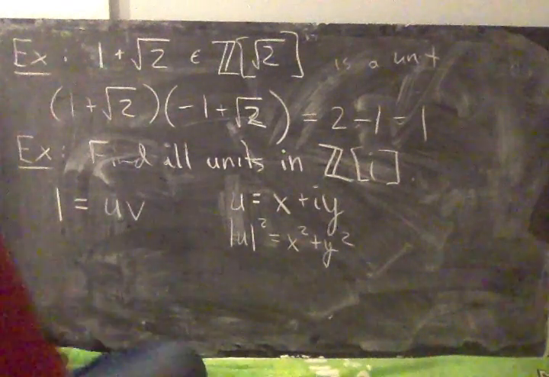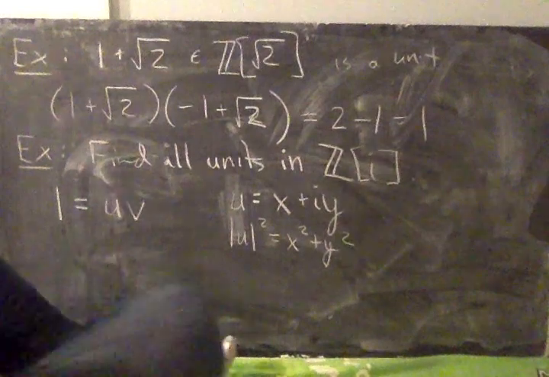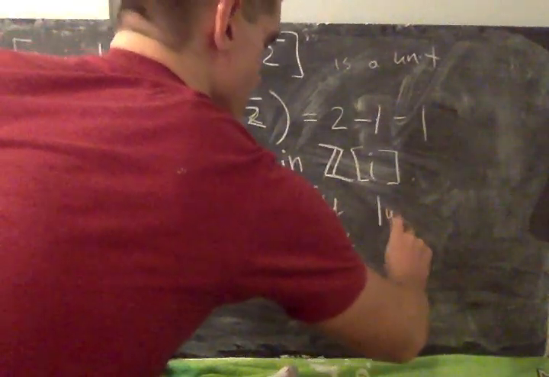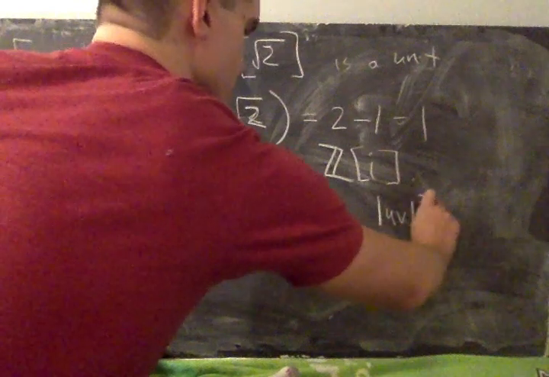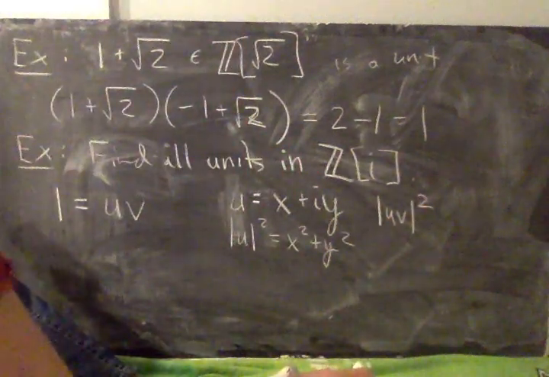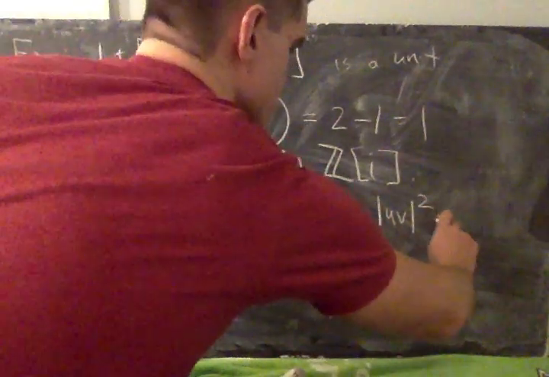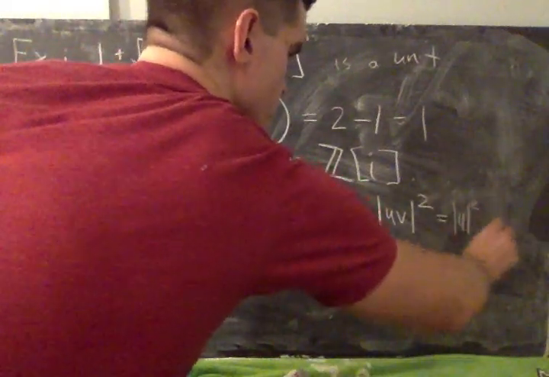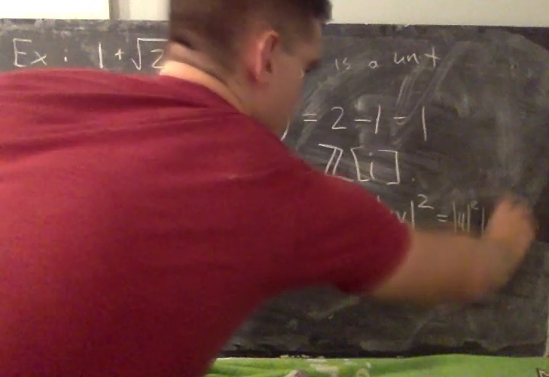The nice property this has is that it works well with multiplication. For any two complex numbers u and v, the norm squared of uv is norm squared u times norm squared v.